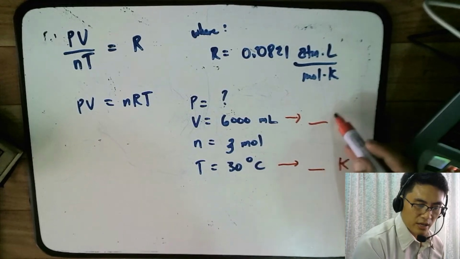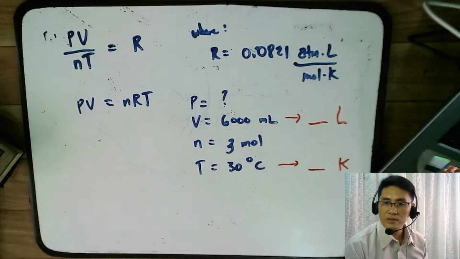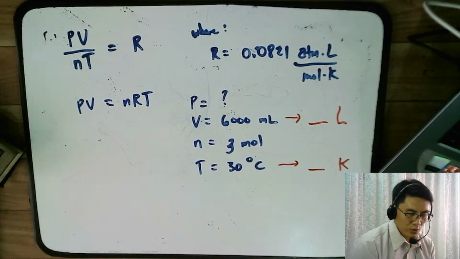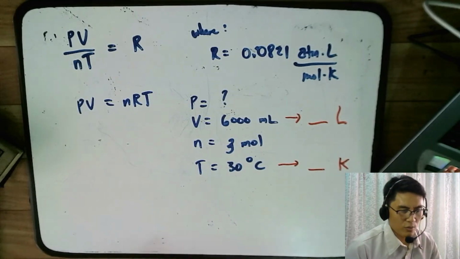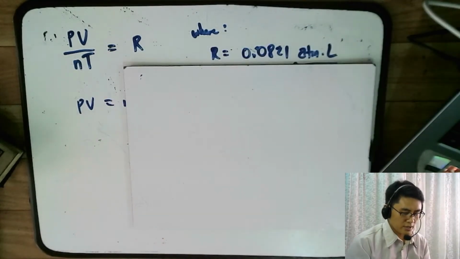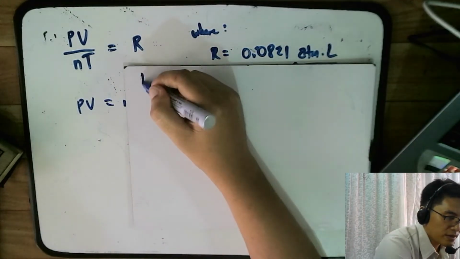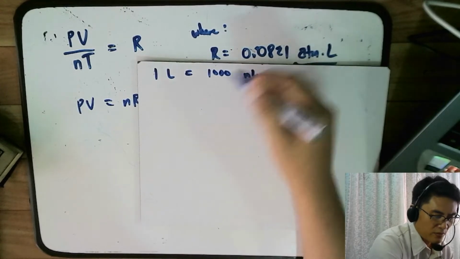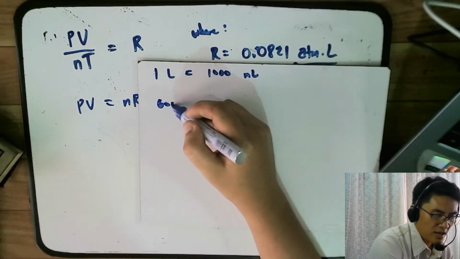You have to convert that to liters first. Every liter is 1000 ml, so therefore 600 ml, again, simple.